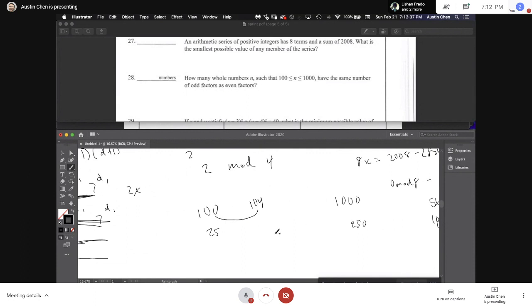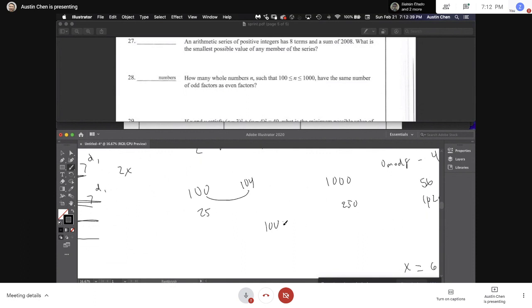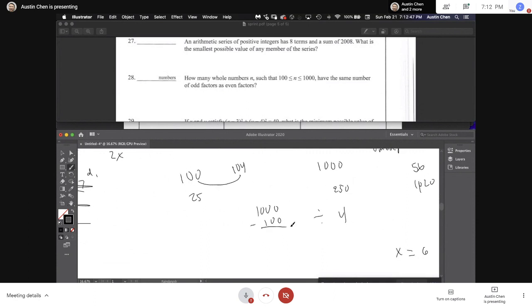So basically then we can just do 1000 minus 100 and then divide this by 4, and that should be our answer. So this is going to be 900. 900 divided by 4 is going to be 250.